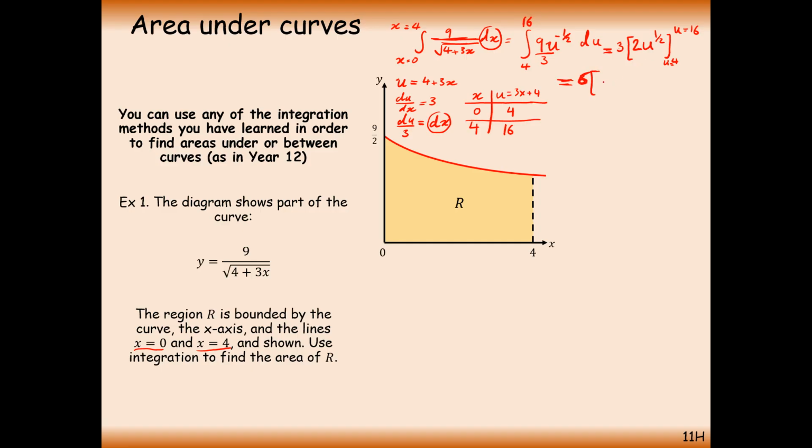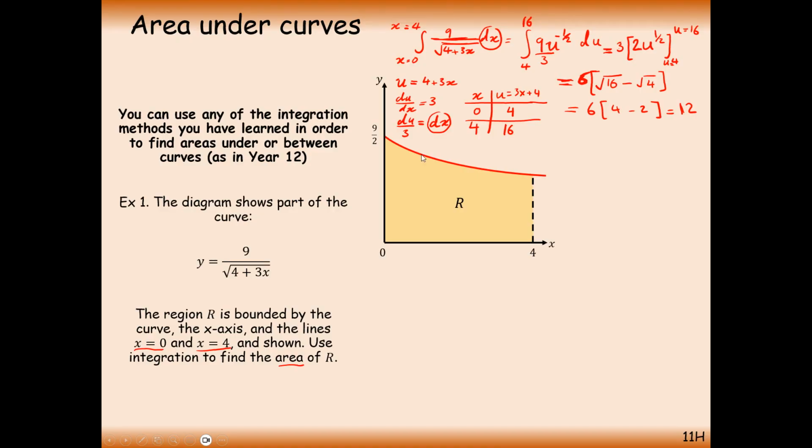Inside the bracket, I will have a square root of 16, take away square root of 4. Now that means that 6 will multiply by 4, take away 2, which is simply 12. The units are not clear here, so it could have been centimeter square or meter square. We're going to leave it as it is.